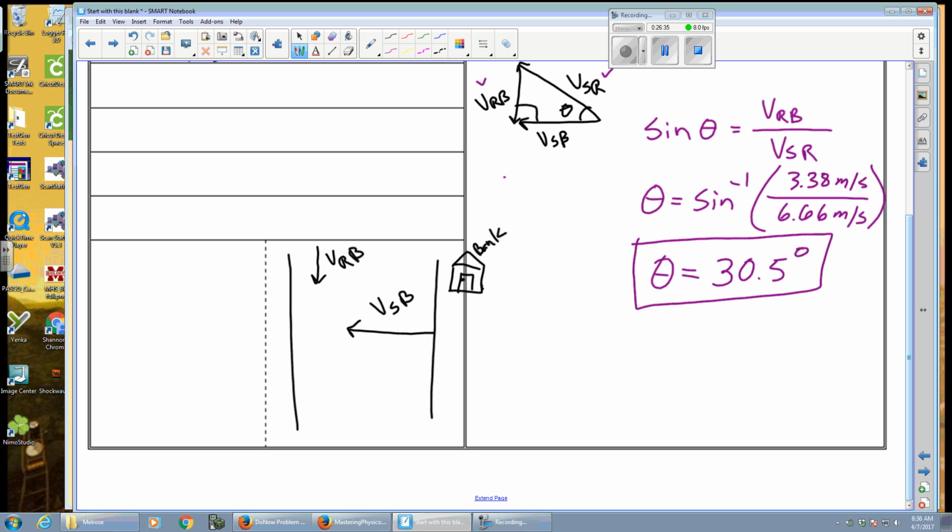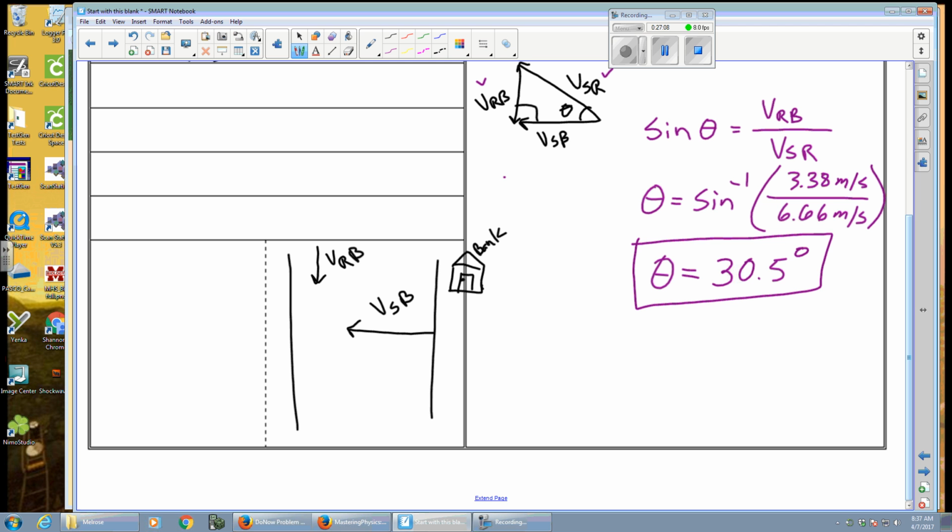Now they want to know how long is it going to take to get across the river. I really have two choices here. I could figure out at that angle how far he actually tries to swim, because remember, velocity and displacement are in the same direction, and then figure out, well, at that rate, at 6.66, how long would it take him to make that trip? I think it'll be easier if I figure out how fast he's going directly across the river, its final velocity, the velocity of the two combined, and get that.